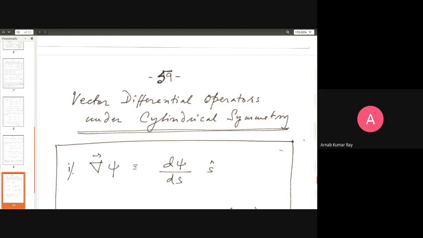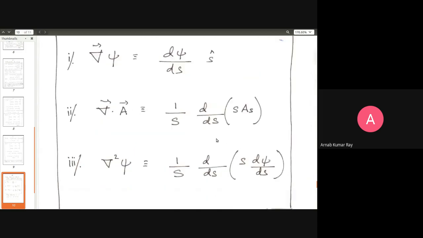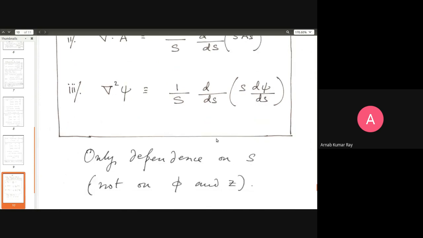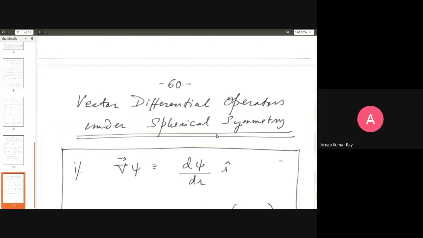And as such, when you study magnetic fields, we shall see for ourselves later what I mean. When you study magnetic fields, it will be easier for you to apply the ideas of cylindrical symmetry, namely using only the coordinate S, not phi and Z. Similarly, when you use the spherical polar coordinate system, a natural physical system is the gravitational field or the electrostatic field.